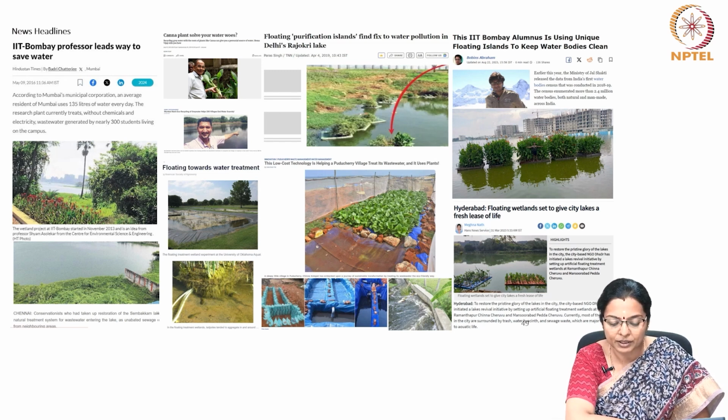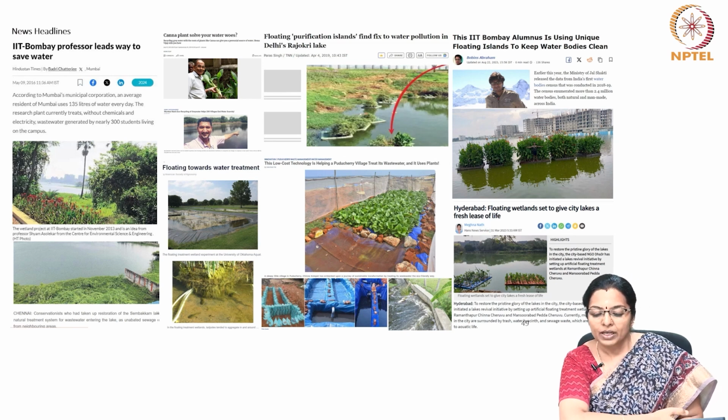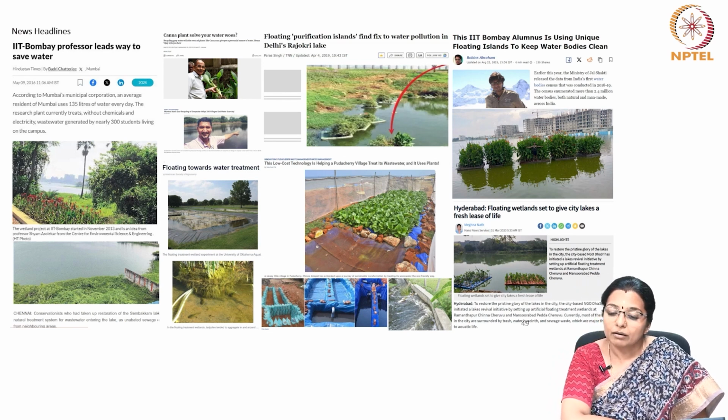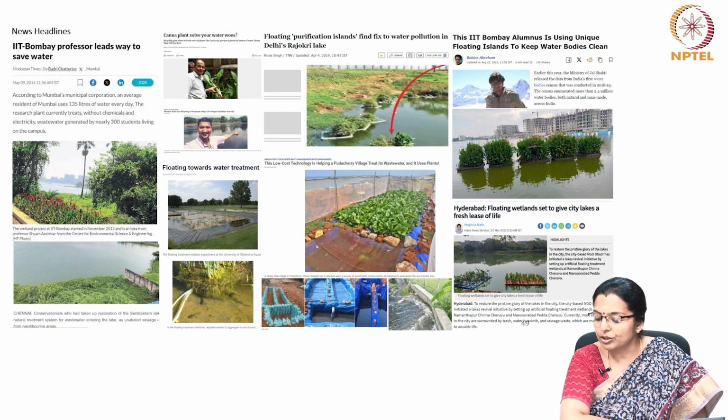The floating treatment wetland has been experimented at University of Oklahoma. It is also used in Puducherry village. A number of root zone treatment plants are seen in the Auroville community. Hyderabad also has floating wetlands set up to give the city lakes a new lease of life.